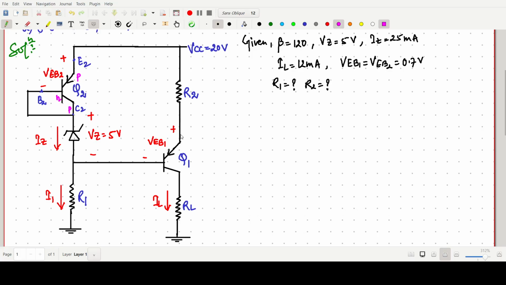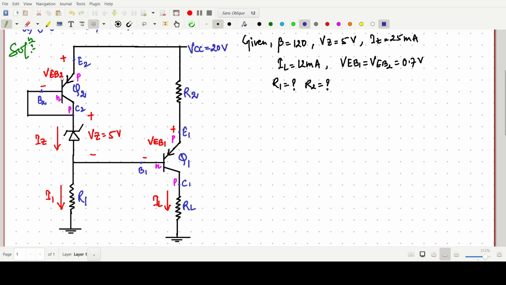This one is also PNP type, in which this one is our emitter side, base side, so B1 I am writing, and this one is our collector side, C1.